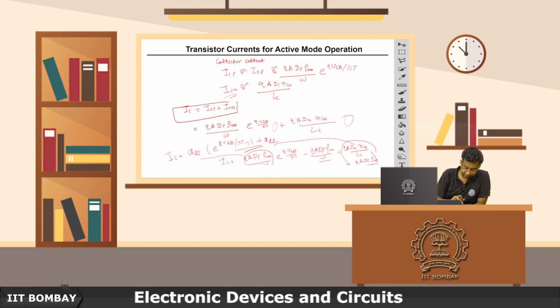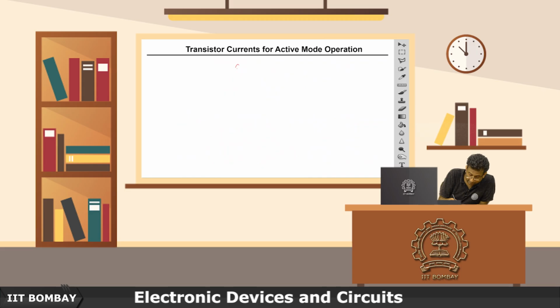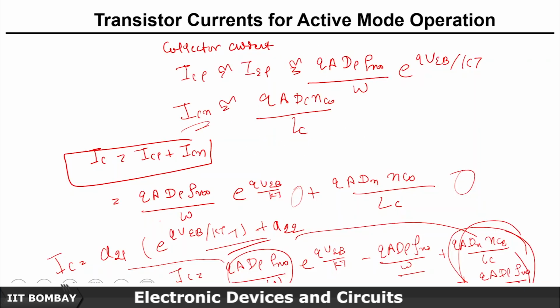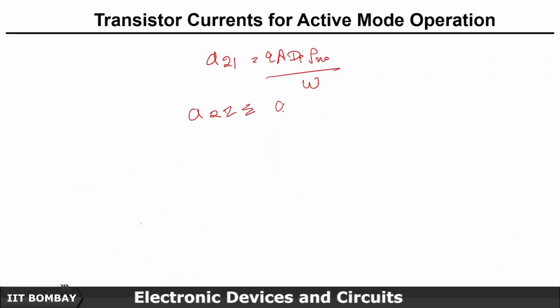So if I just write them down, my A21 comes out to be QADPPN0 divided by W, and A22 comes out to be QADPPN0 divided by W plus DCNC0 divided by LC.